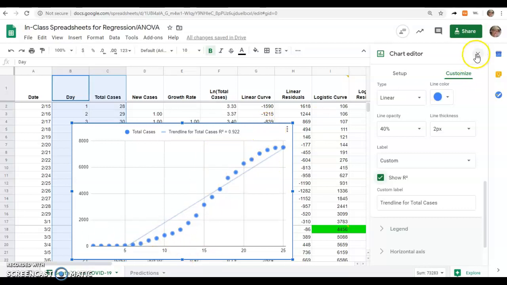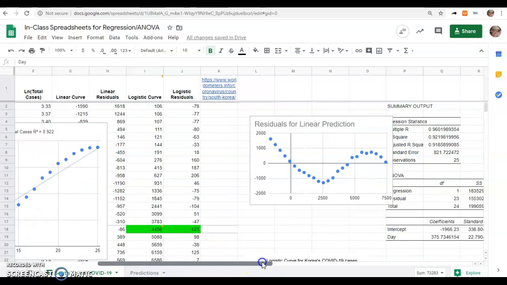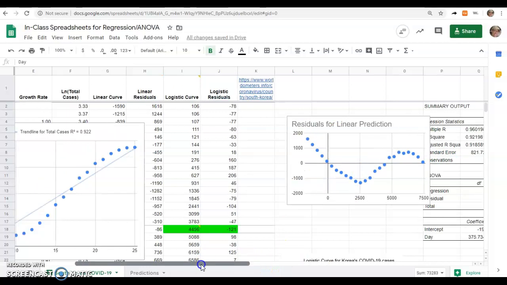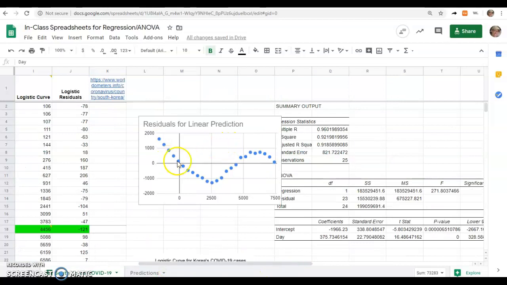And this is where the book talks about looking at the residual graph too. So here's what that residual graph for this looks like. And again, you can see that it's really that same curve. If you would take the trend line, flatten it to the x-axis, we would get this right here.